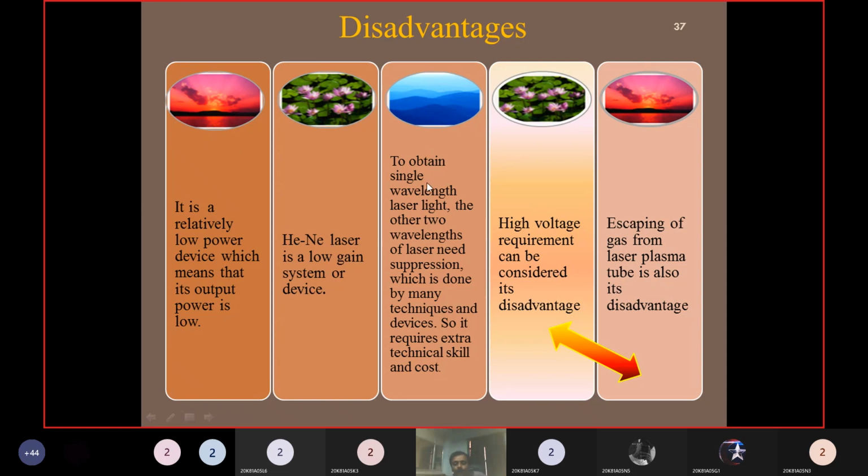Next one, to obtain single wavelength laser light. Here I said that three lasers will be emitted.